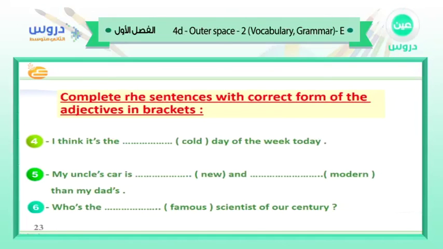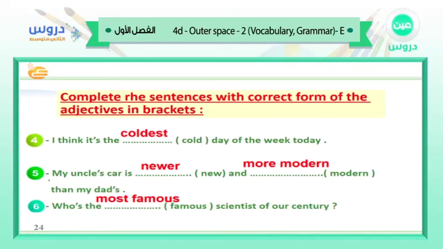See the answers? Okay. I think it's the coldest day of the week. Okay? Cold, short, est superlative because it's more than one, the whole week. Okay?